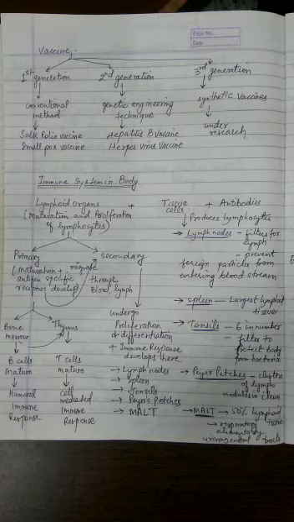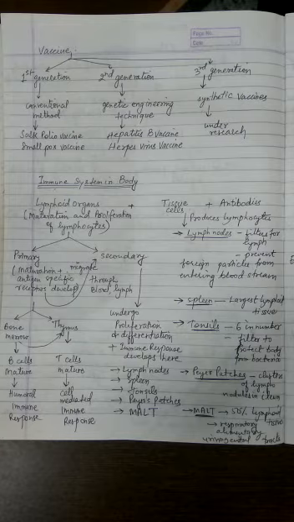And the last one is the MALT. MALT stands for mucosal associated lymphoid tissue. MALT is a significant collection of lymphoid tissue seen in the mucosa of the respiratory tract, the mucosal layer of the alimentary canal, and the mucosal layer of the urinogenital tract, and it constitutes 50% of the lymphoid tissue of the human body.